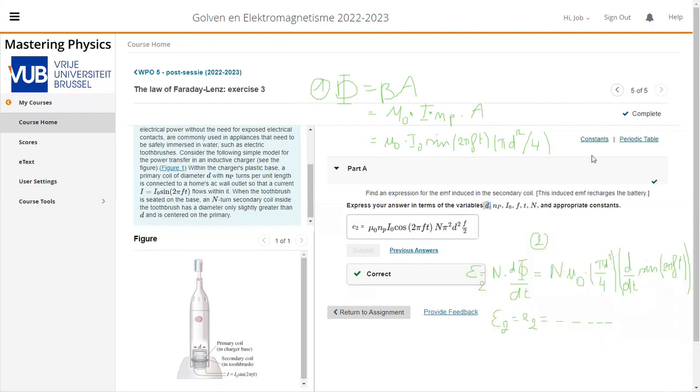Step 2 is when you finally find your magnetic flux, then you have to search how we can get the EMK. So basically, what you have to do is the number of coils times the magnetic flux differentiation. Then it will give you this one.